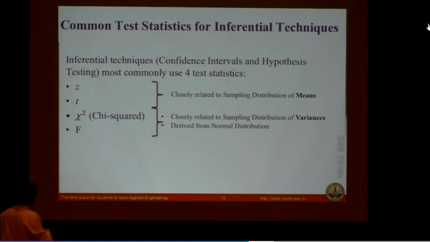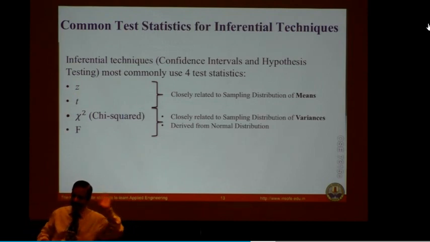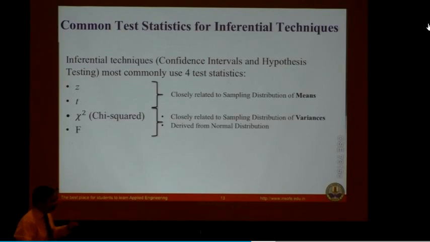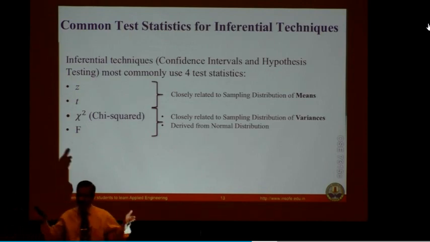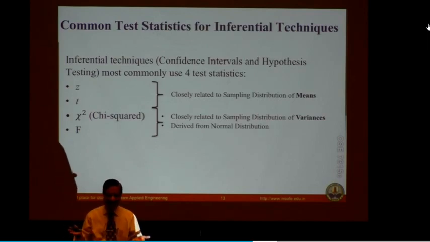But all of them are children derived from the normal distribution. In fact, Z is the standard normal distribution, the same Z-score, nothing different. We have calculated confidence intervals using Z values quite a bit by now. That is the Z test.